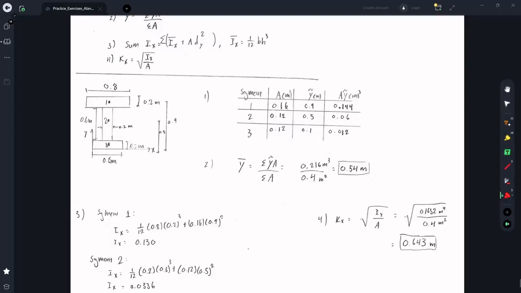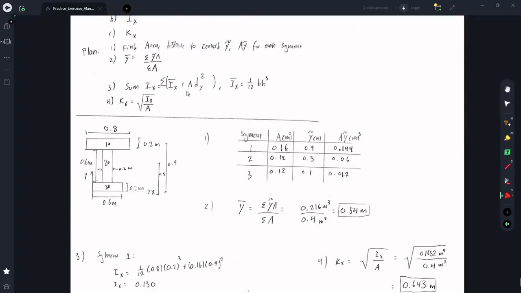Segment 3 down here is 0.6 by 0.2, so again 0.12 meters squared, and its centroid is 0.1 meters off the ground. So totaling everything together, the centroid is the sum of this times this, basically, over the sum of the areas, which is 0.54 meters.